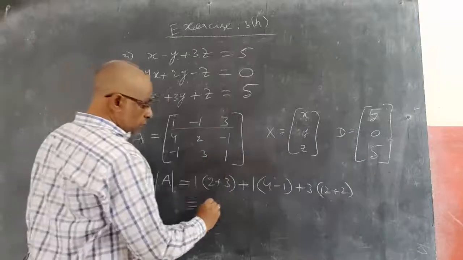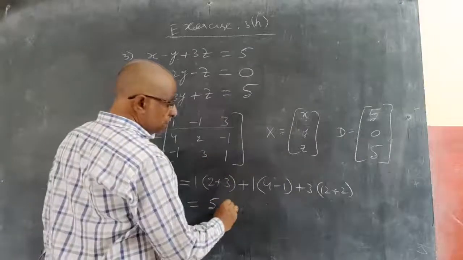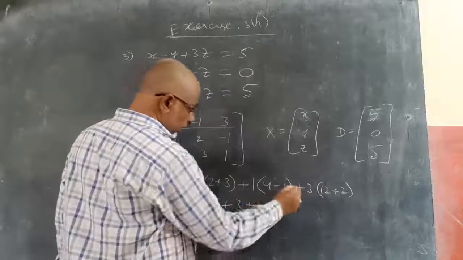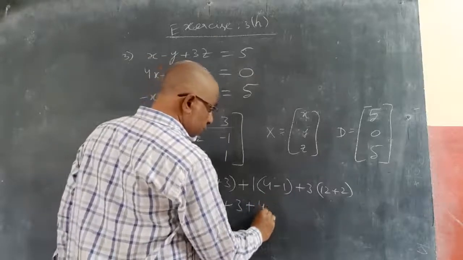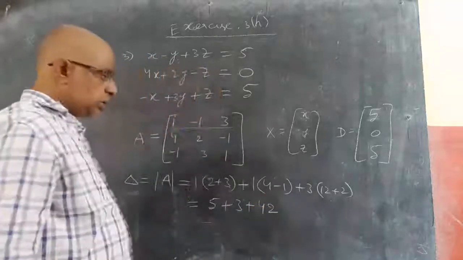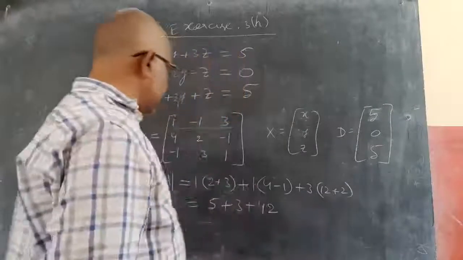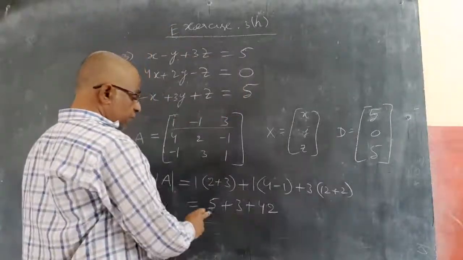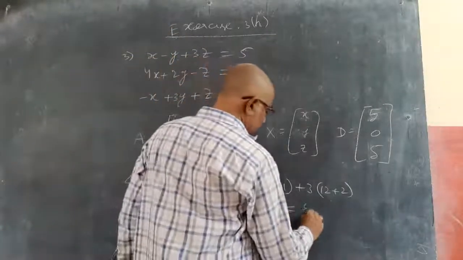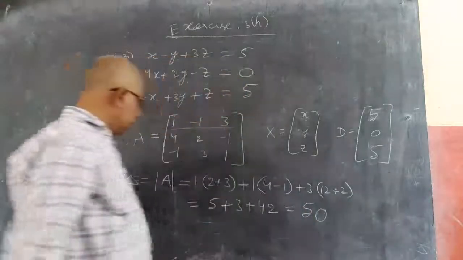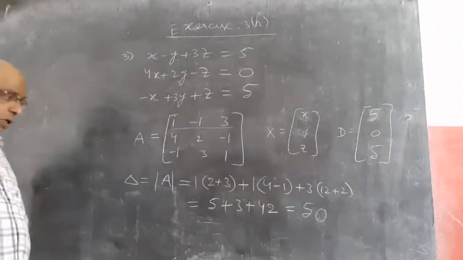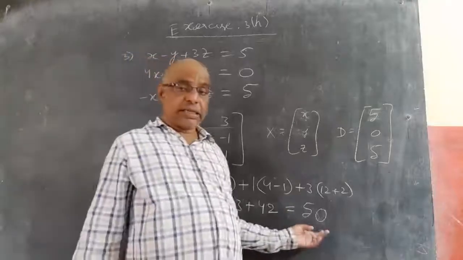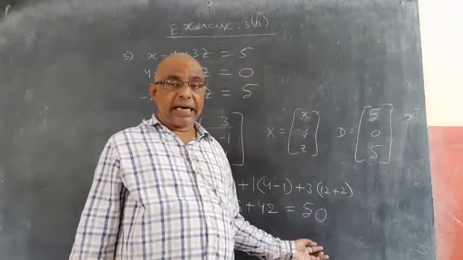So it gives 3 plus 2, 5, plus 3 into 14. This is 12 plus 2, 14. 14 3s are 42. 42 plus 3, 45, plus 5, 50. So det A, I got it as 50.